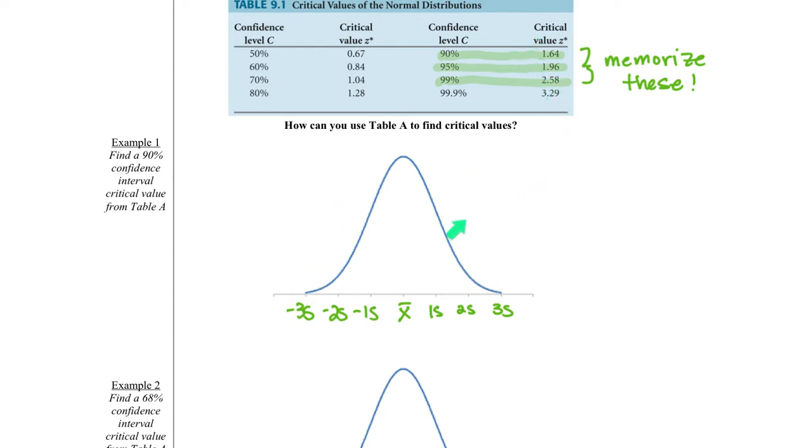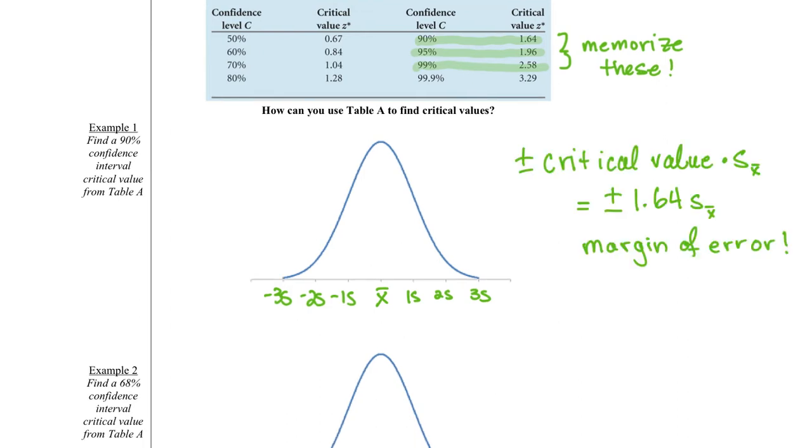For this model, we're allowing our standard deviation S to be some unknown value. So by giving a critical value of 1.64 times the standard deviation, which we're just going to call S, that gives us our margin of error.